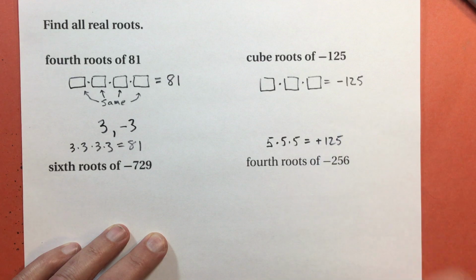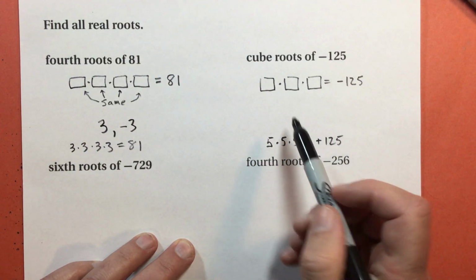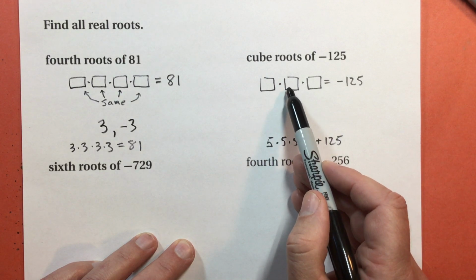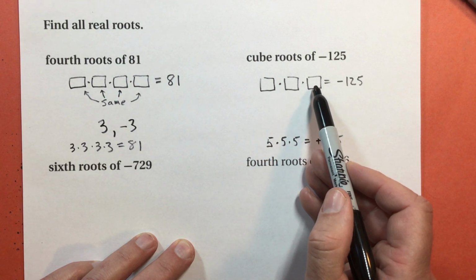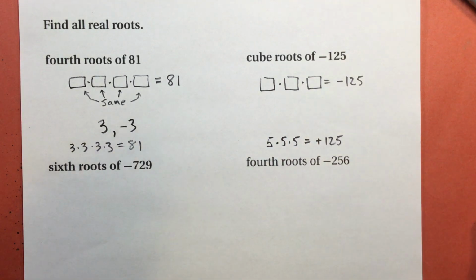Okay, that's negative 125. So what do I have to do? Well, let's think about it. What if I have a negative times a negative? That's a positive. And then a positive times the third number, which is negative, that goes back to negative. So again, if the root that I'm looking for is even, second root, fourth root, 6, 8, 10, etc., then I'm going to get one positive, one negative root.